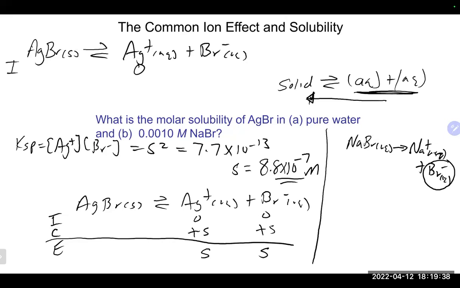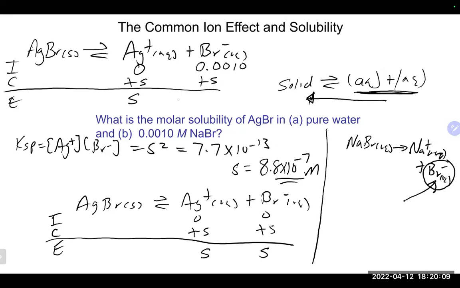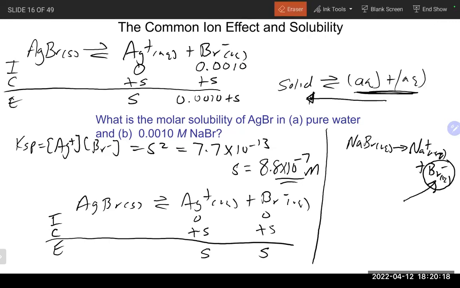We are zeroed for the silver, but we have some bromide contributed from the sodium bromide in the solution. It is a one-to-one relationship between sodium bromide and the bromide ion, so we should have an initial concentration on the right-hand side of 0.001. Again, very similar to buffers: if you're going to do an ice table, you've got to have a number there on the right-hand side. The rest of the ice table is identical, plus S and plus S, so we end up with S and 0.001 plus S. Any questions on that so far?